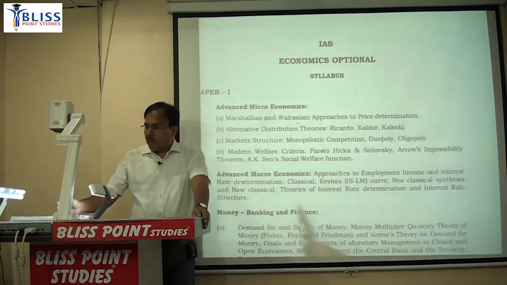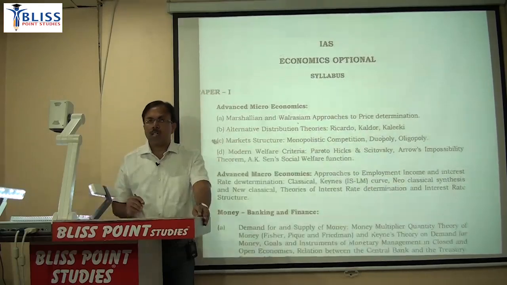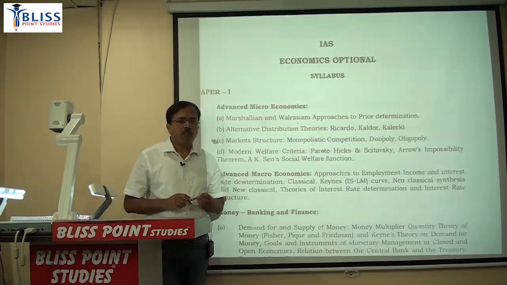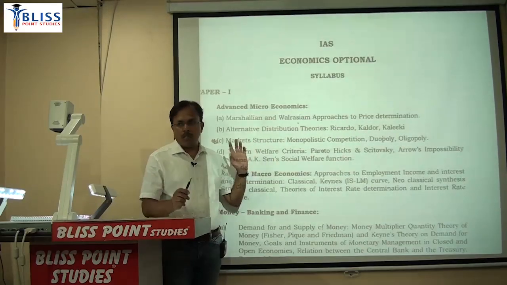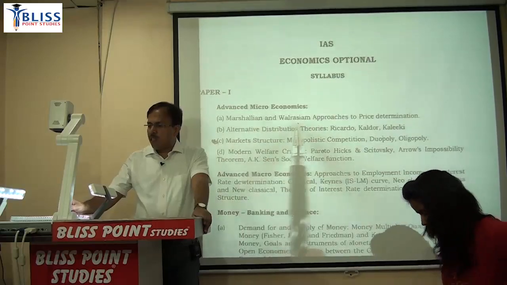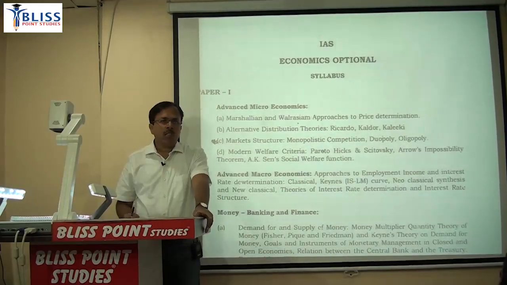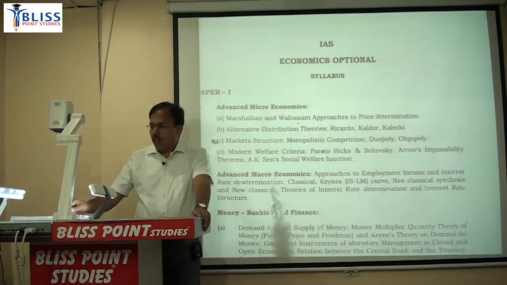As per priority or importance, you will start with the third section, market structure, because the weightage for market structure will be more compared to any other subtopic. For example, in the first topic, Marshallian and Walrasian approach of price determination, there are just 2 questions, which may or may not come.